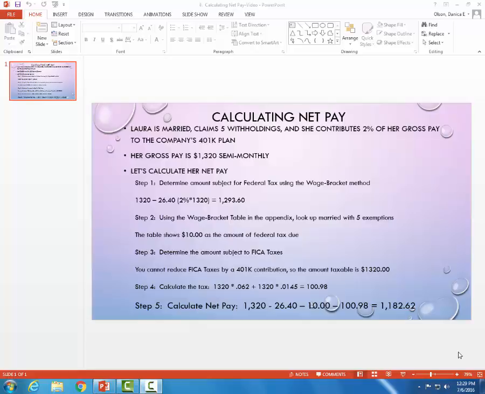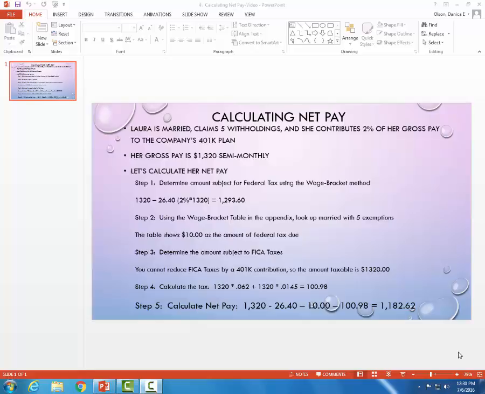If we take $1,320 and subtract out her 401k contribution, we find out that the wages that are subject to federal tax are $1,293.60.